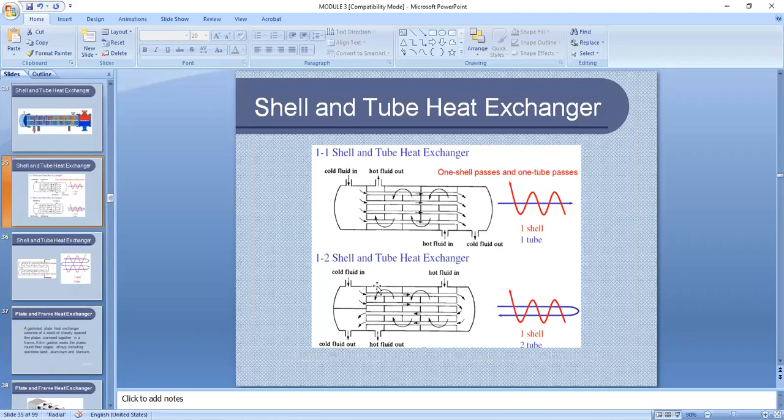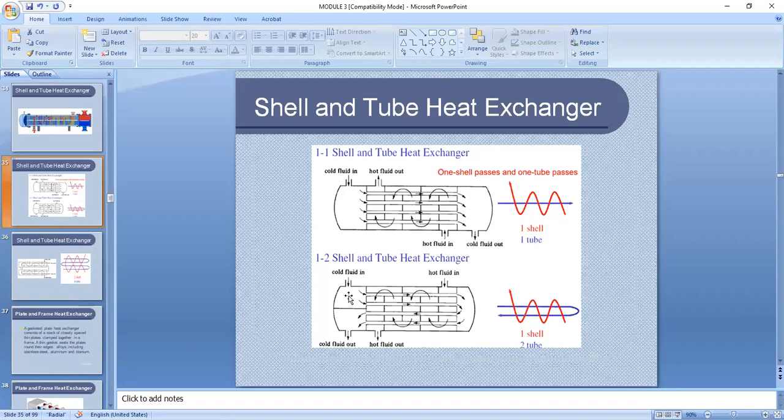Now the 1-2 shell and tube heat exchanger is this one. So you have two tubes. So after your fluid passes through this region here, that's a single pass, it passes again to this region. So it's comparable to saying that you have one shell and two tube passes inside the shell.